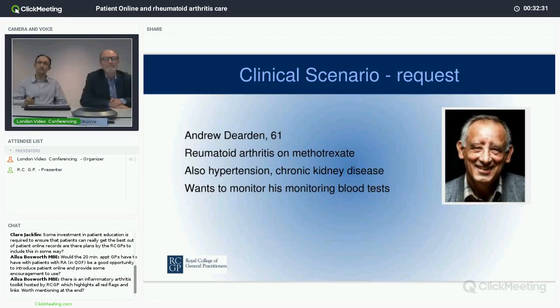So Andrew Dearden is a 61-year-old with rheumatoid arthritis who is on methotrexate. He's also got hypertension and chronic kidney disease, two chronic conditions, and he thinks that having Patient Online access to his blood results might help him to monitor his condition more fully.